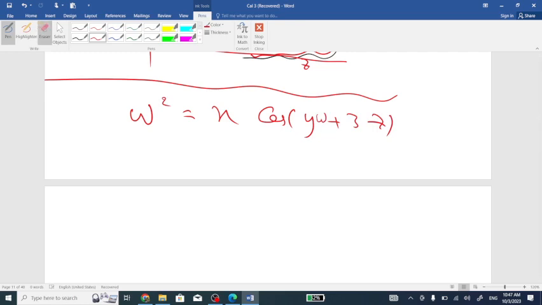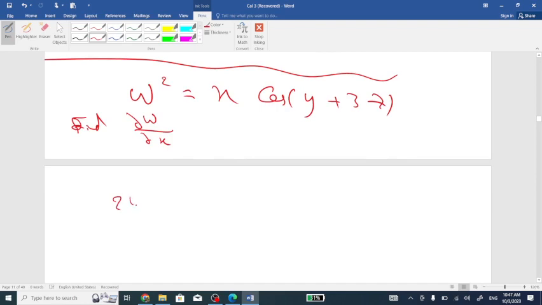So we find partial W by partial... X, Y, Z. Let me say, it is equal to what? I say equal to 2Y. Am I right? You got it?